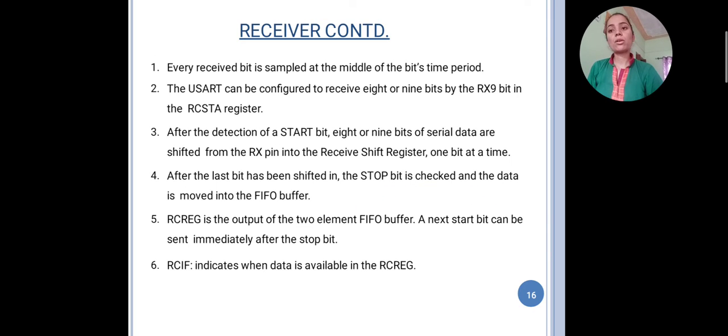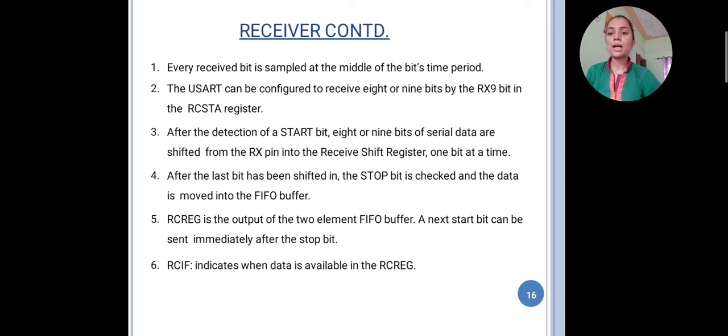There are also certain conditions for receiving of data. Every received bit is sampled at the middle of the bit line period. The USART can be configured to receive 8 or 9 bits by the RX9 bit in the RCSTA register. After the detection of a start bit, 8 or 9 bits of serial data are shifted from the RX pin into the receive shift register, 1 bit at a time.